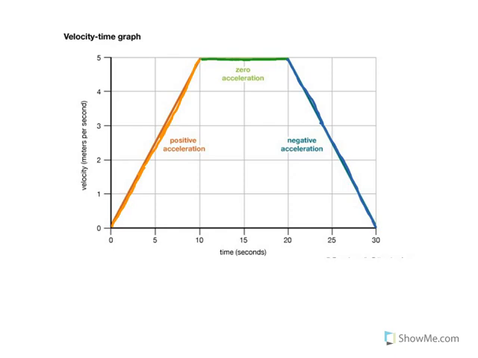We'll call these points A, B, C and D. Now let us see what happens along AB. At A, when we start, this is point A, and at this point the initial velocity, which we say u, is 0 meter per second.